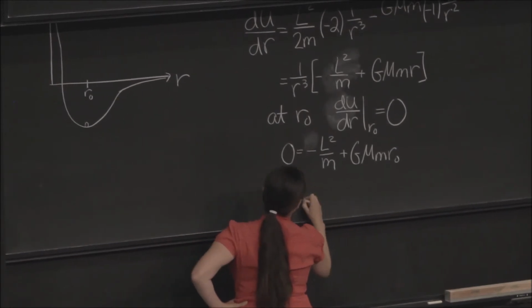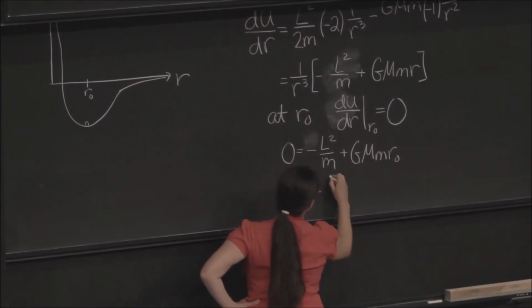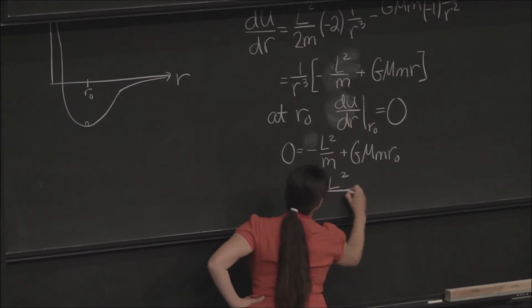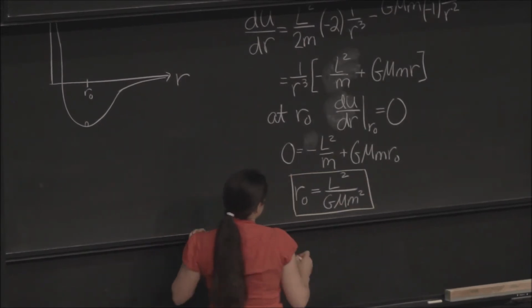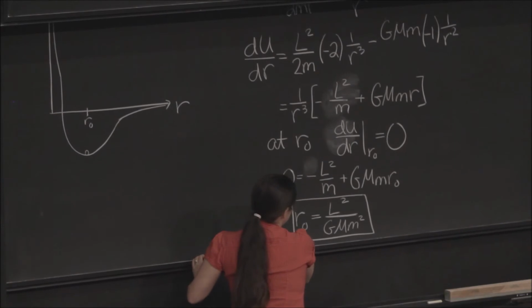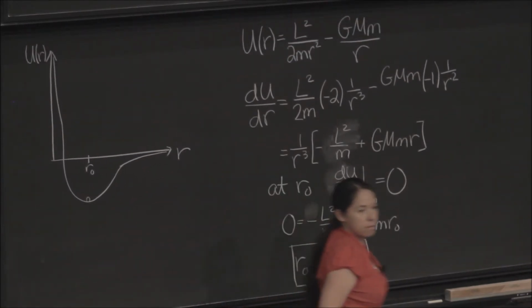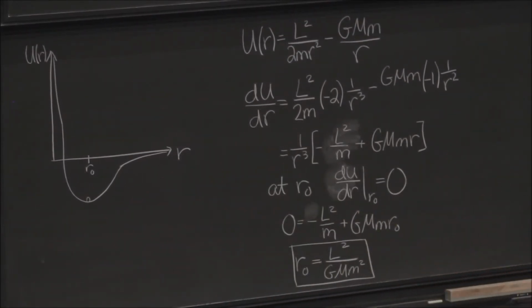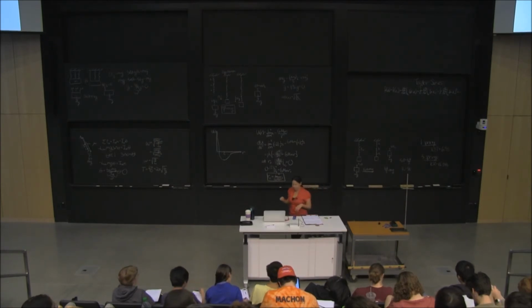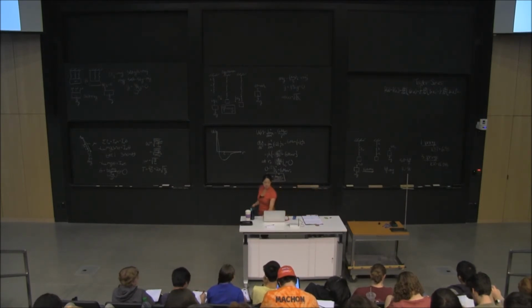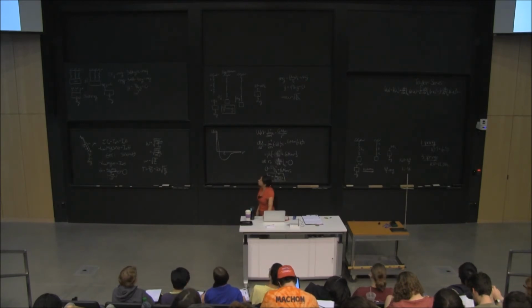Then we get R naught is equal to L squared over G M squared. Is that what you guys got? Awesome. Now we've fully been able to describe what this circular orbit looks like.